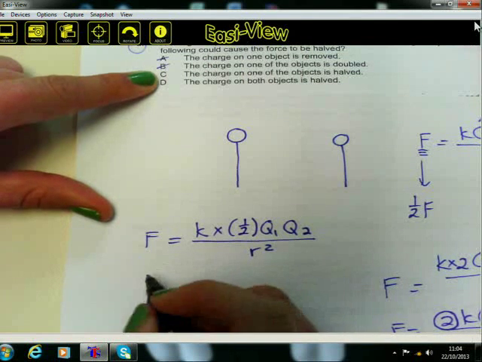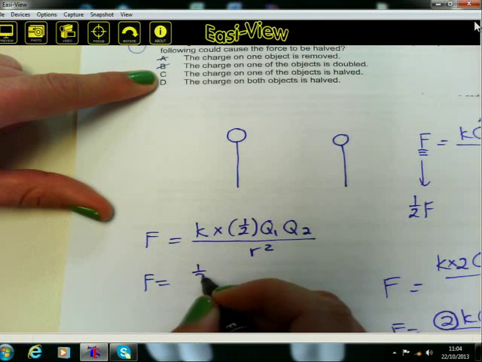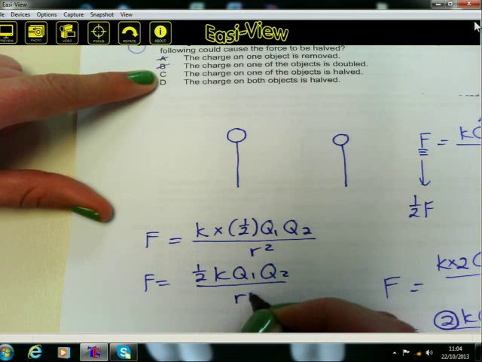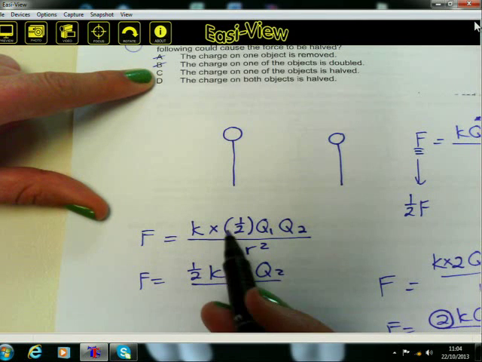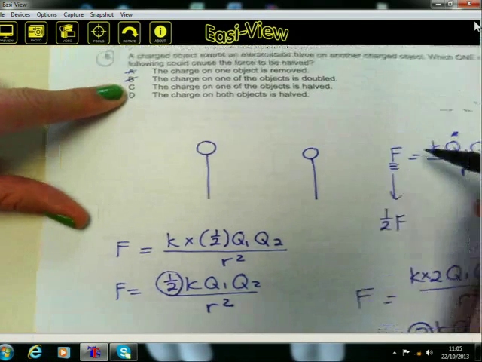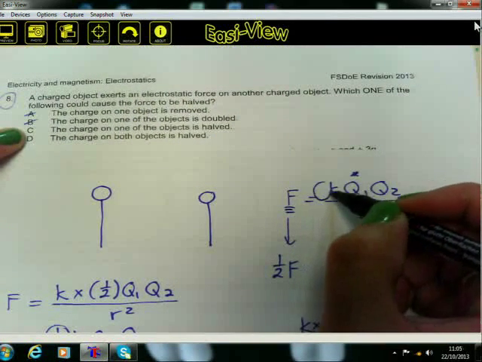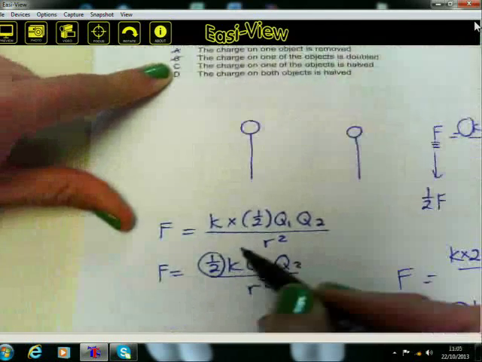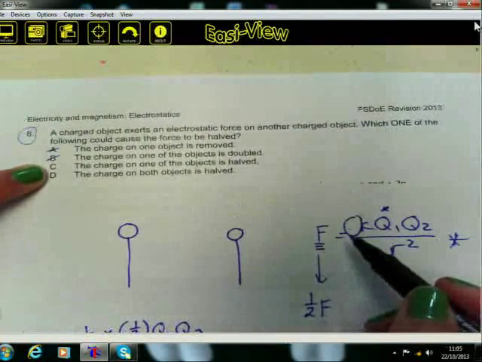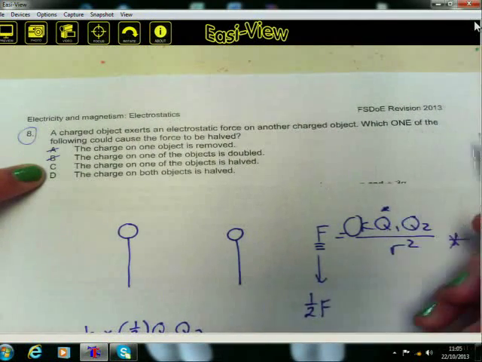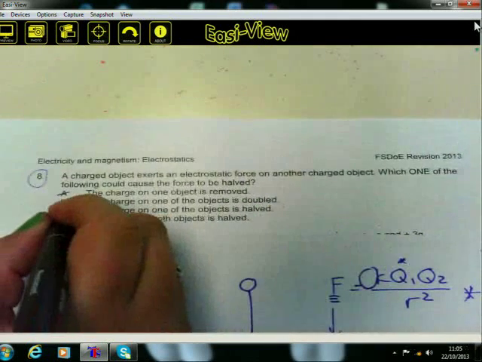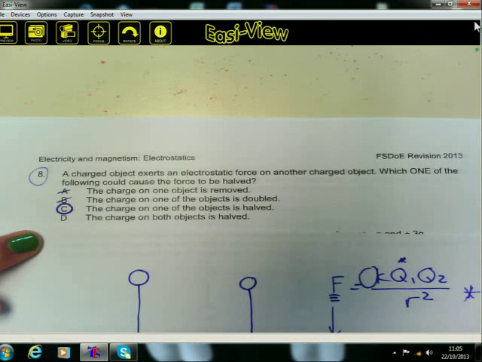Take the half to the front: F equals 1/2 K Q1 Q2 over R squared. What happens to the force? It's going to be 1/2 of the original expression. So our answer is going to be 1/2 of the original one. Is that what we wanted? Yes, it was. So our answer is C.